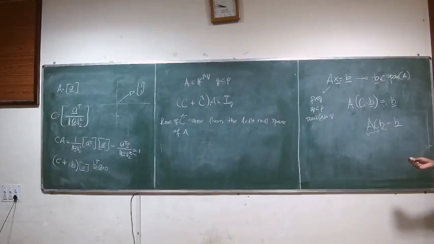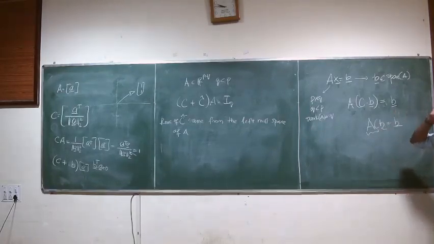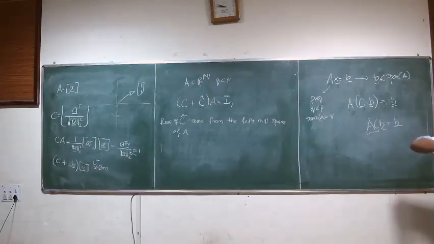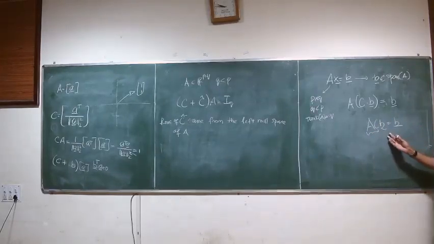That's strange, no? Right, but I said C is a left inverse. I said A is a tall matrix. It only has left inverses. But now I've written A post multiplied by C. Also turns out it gives me I. That's strange, no?